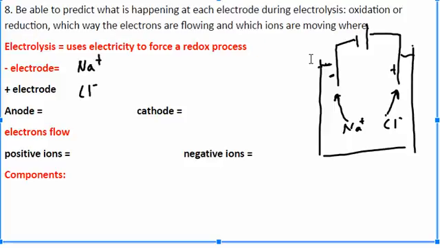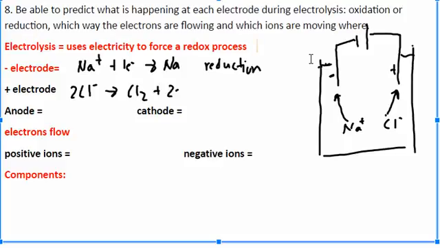Well, that means Na+ is going to gain an electron to become solid sodium. And that lets me know that that is reduction going on. Whereas the Cl- is going to give up an electron to form Cl2. So it's actually 2 Cl- at a time, giving up 2 electrons at a time, which is oxidation.